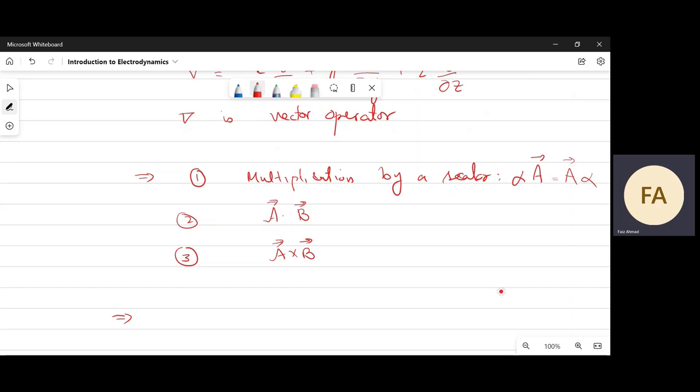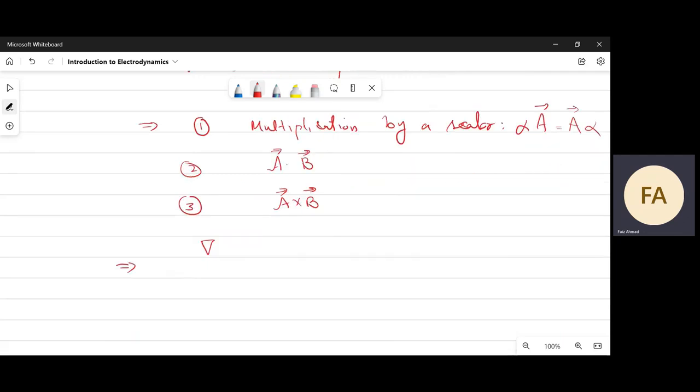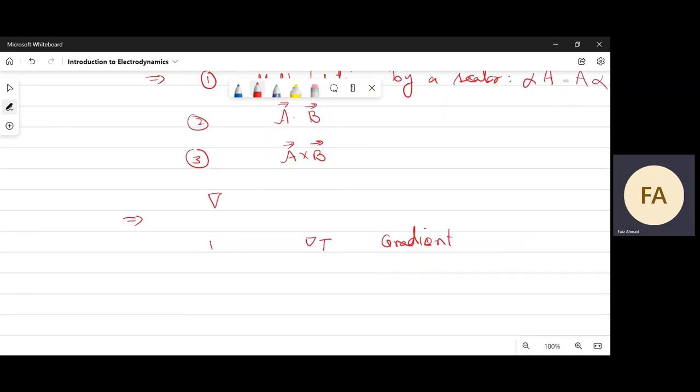We have operator delta, which is a vector. So the first kind of multiplication is del T, which is the gradient. So we are multiplying delta on a scalar function T.